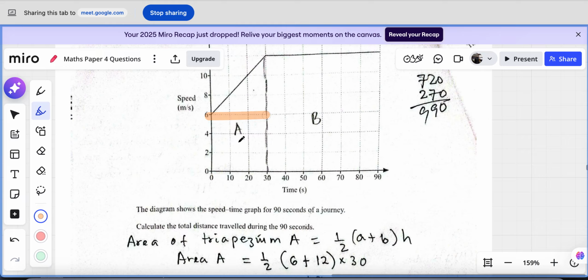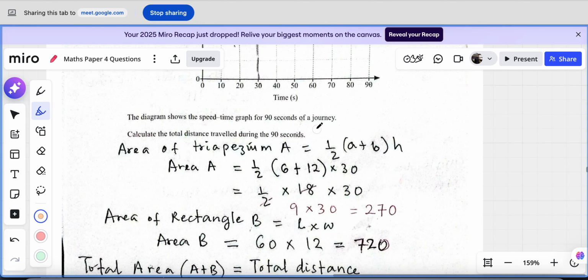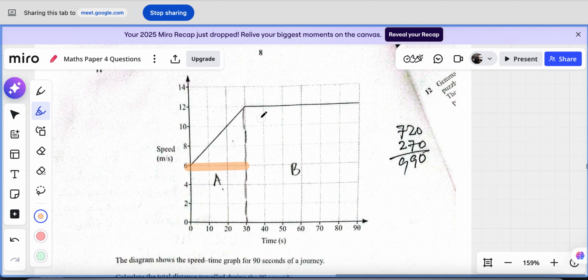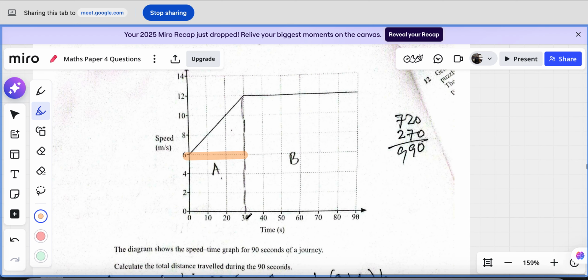So meaning you have A here, which is a rectangle. You have B, which is a triangle. We have C, which is a rectangle. But for us, we just did only here, which is a trapezium, plus here, which is a rectangle. Now, for this trapezium, you can see this is the long length. If you're moving up from the origin, from 0 to 12, the long length is 12.